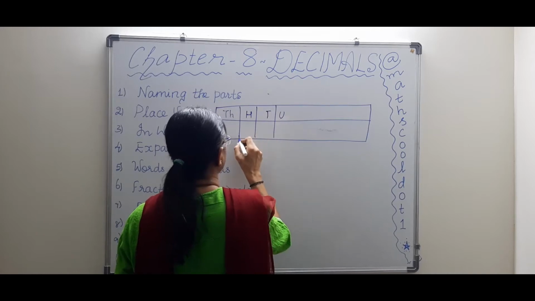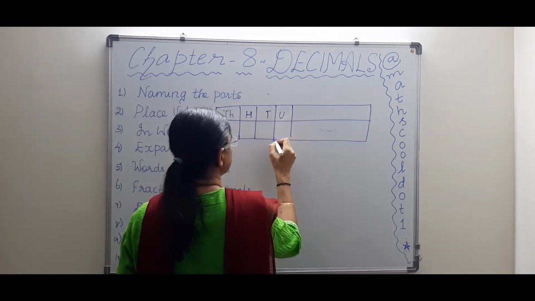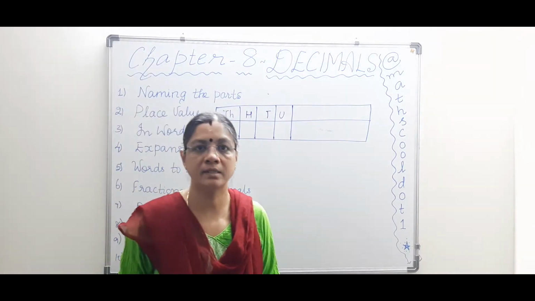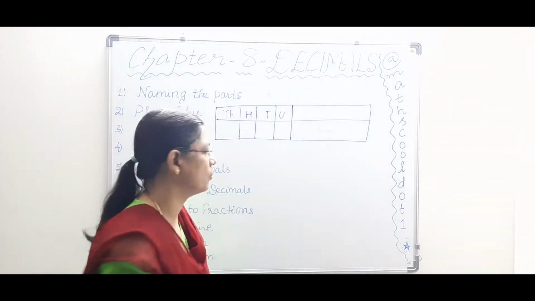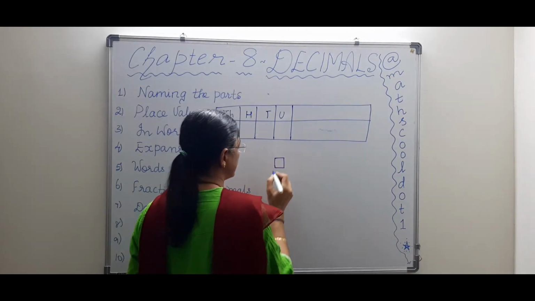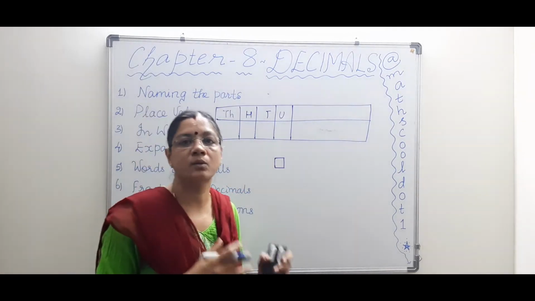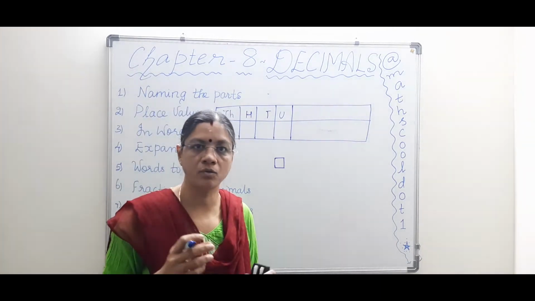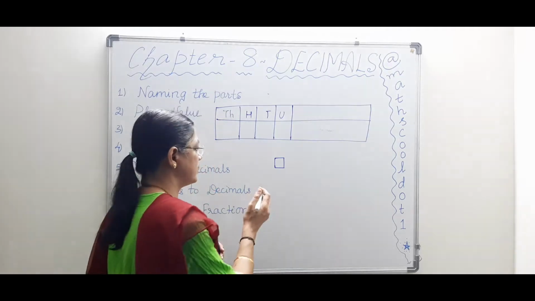before giving the place values, let's understand with a diagram what a decimal number is, what decimal means. Okay, so if I say there is one box here, one square here. Let us assume this is one square.